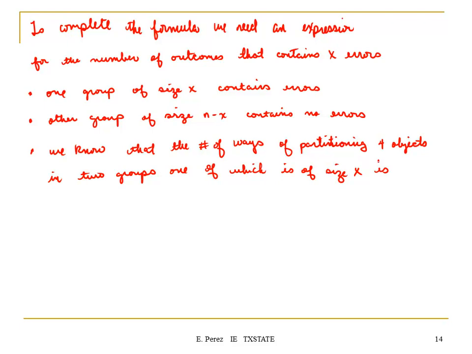Do you remember from your first exam how to compute that? We can find that by looking at this. So if you're looking at the number of errors equals 2, then we can substitute x by 2.